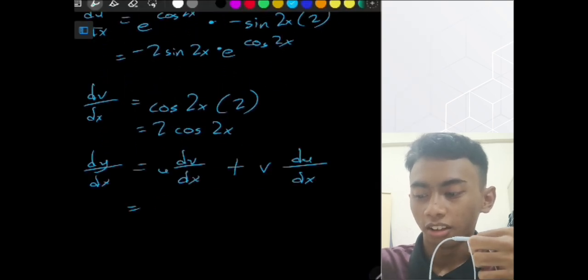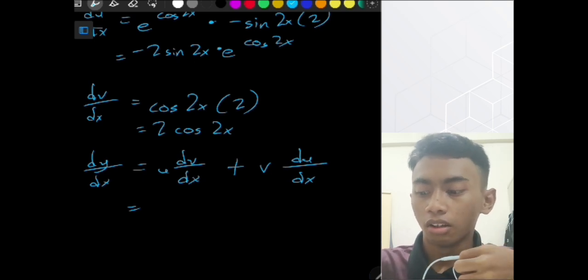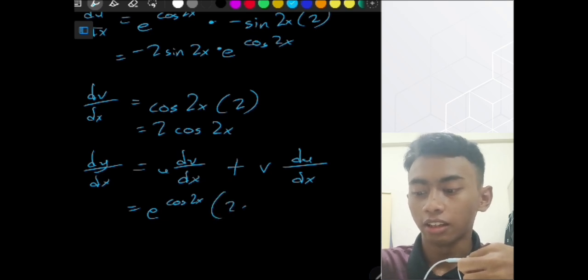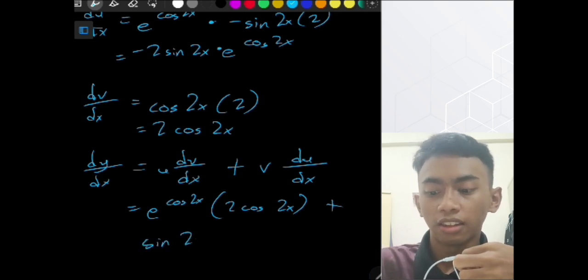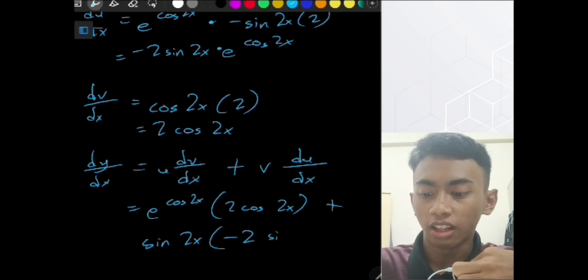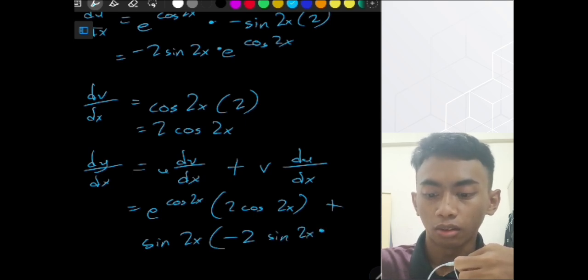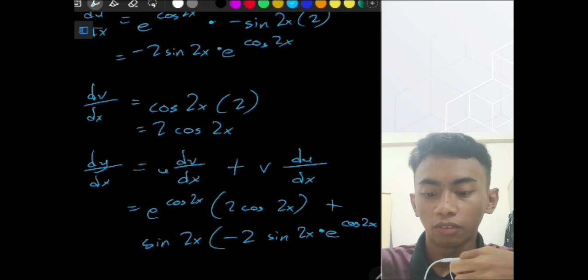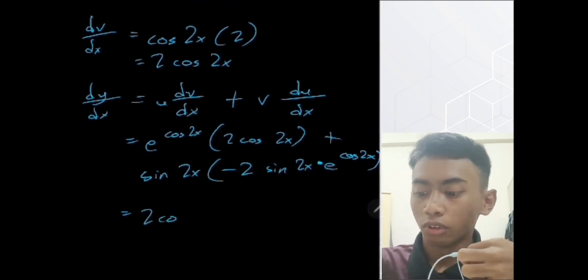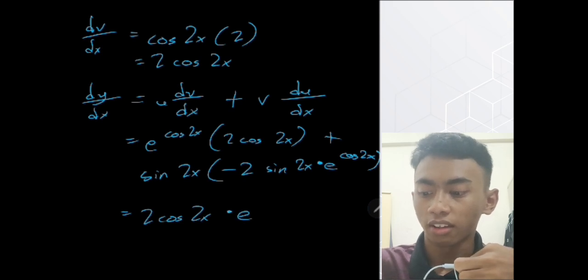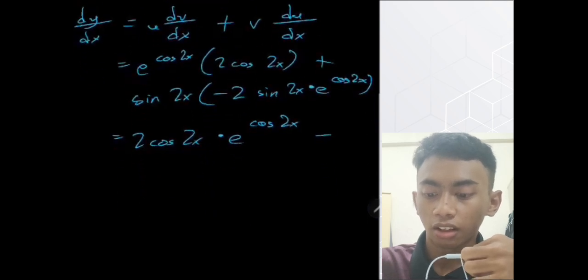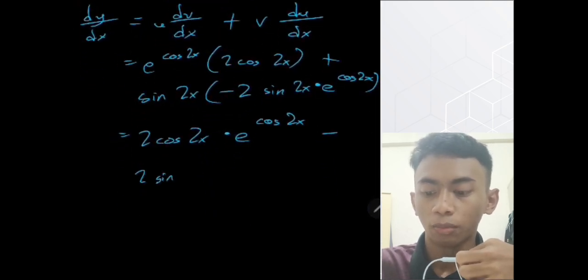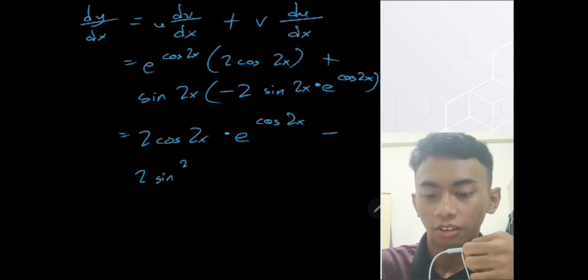Next, we must insert them into our formula. u being e to the power of cos 2x, and dv/dx being 2 cos 2x, plus v being sin 2x and du/dx being negative 2 sin 2x times e to the power of cos 2x, and multiply them, we get 2 cos 2x times e to the power of cos 2x minus 2 sin squared 2x times e to the power of cos 2x.